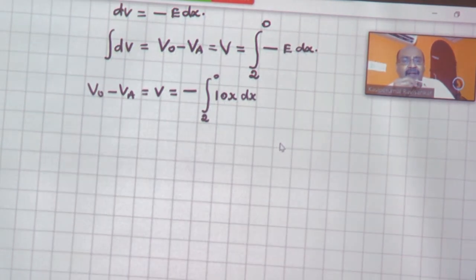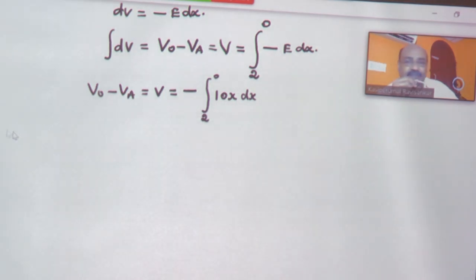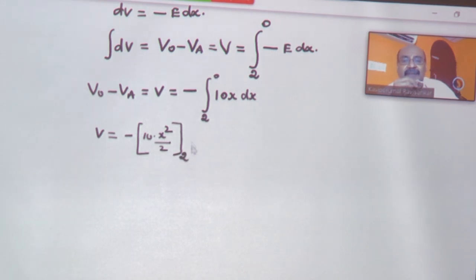Do you know how to integrate? V is equal to minus of 10 into x square divided by 2, within the limit 2 to 0.